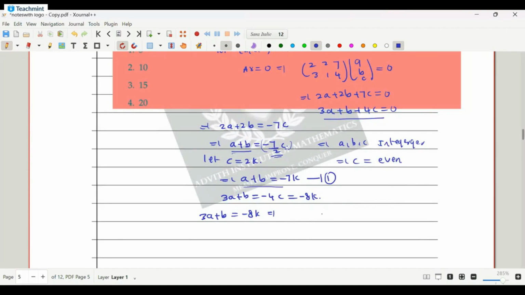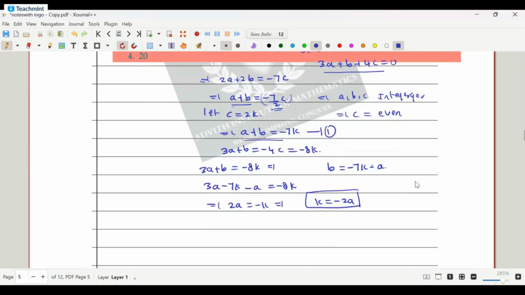But from this equation we can substitute B value, sir. B is equal to minus 7K minus A kada, ee equation nunchi. So therefore 3A minus 7K minus A, which is equal to minus 8K, sir. So which implies that 2A is equal to minus 8K plus 7K enta, sir? Minus K. So therefore K should be equal to minus 2A, sir.